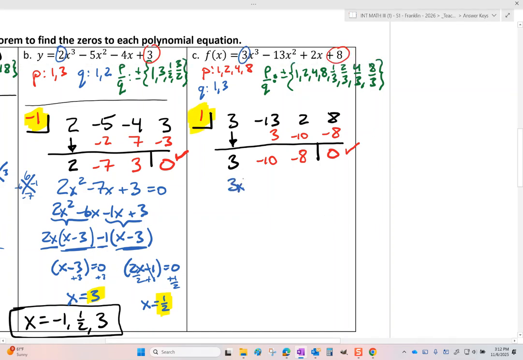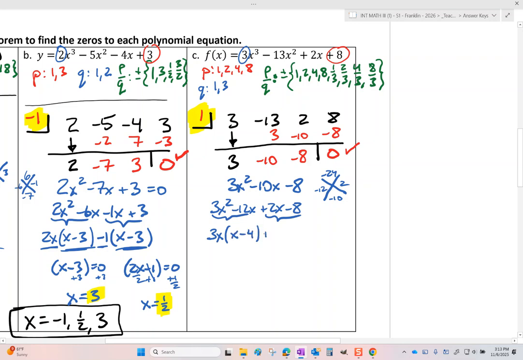So now 3x squared minus 10x minus 8. We're going to factor by grouping. So negative 24 and negative 10. That would be a negative 12 and positive 2. So split that middle term into negative 12x plus 2x. Factor by grouping. We can take out a 3x here. That leaves x minus 4.